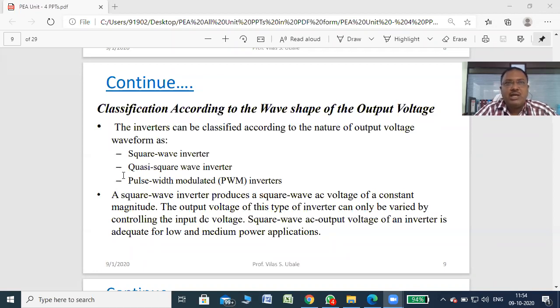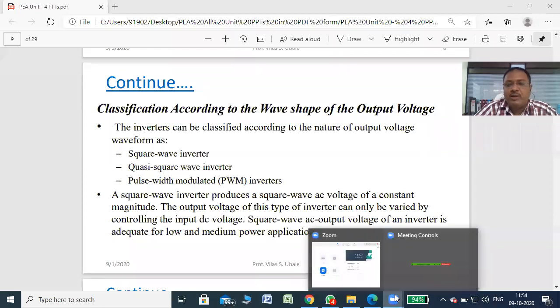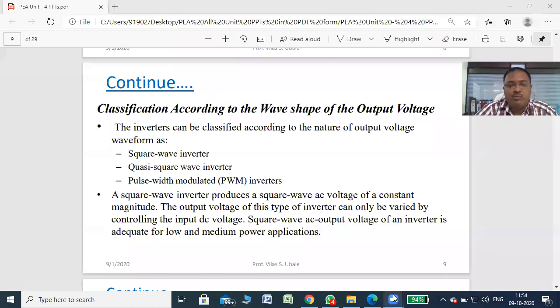To get a pure sine wave, we can add additional circuitry like filters and wave shaping circuits, so that we can obtain a sine wave from a square wave. So the output of a normal inverter is a square wave.